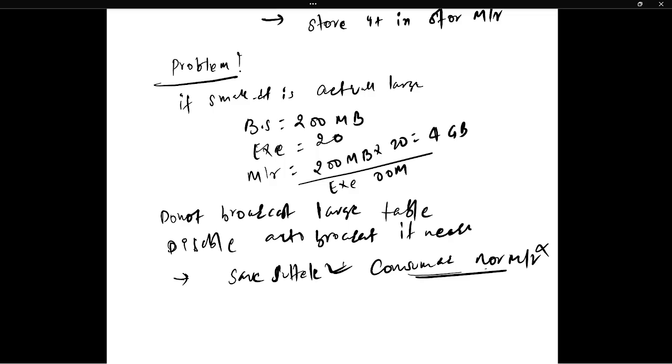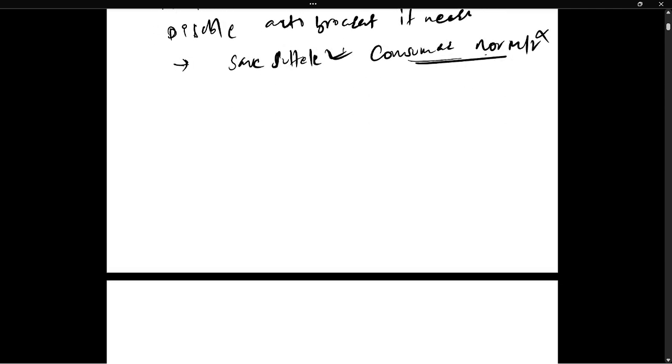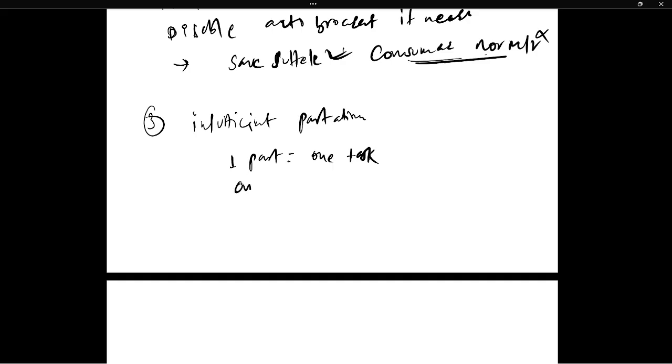Now the third thing we understand is insufficient partitions. So one partition equals one task, and one task uses memory.